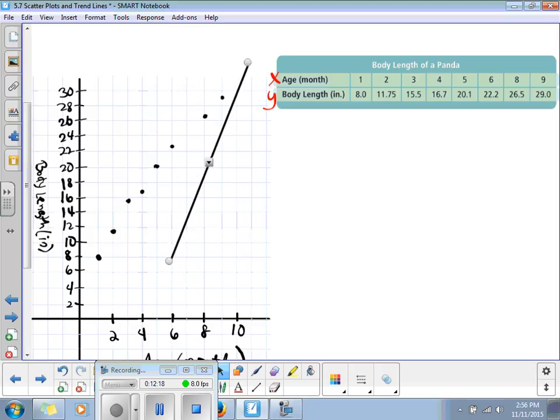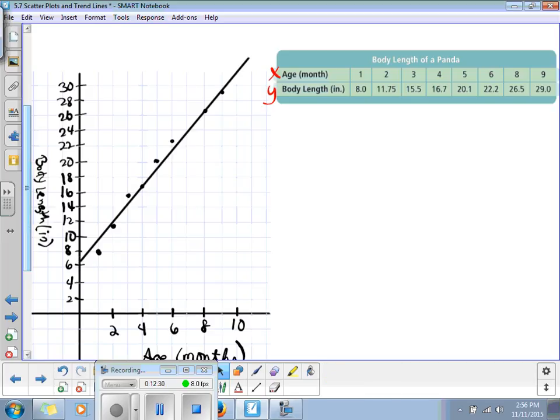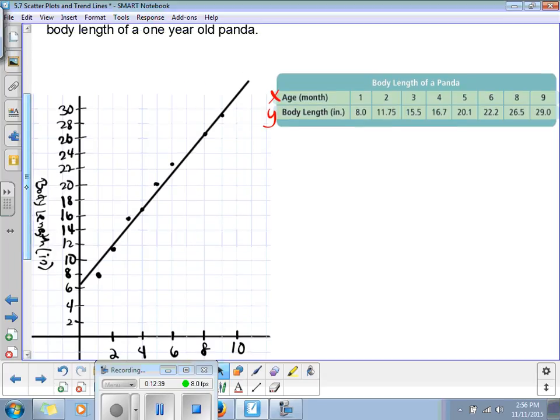How about this one? No. So we want to follow the trend. Is that good? Yeah. It fits. That's good. All right, so there is my trend line.